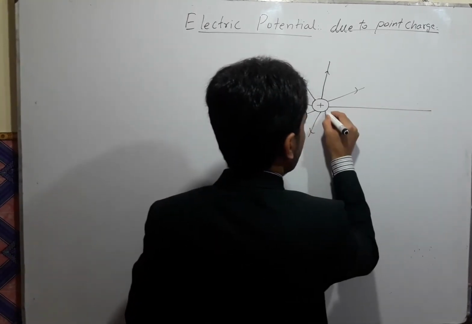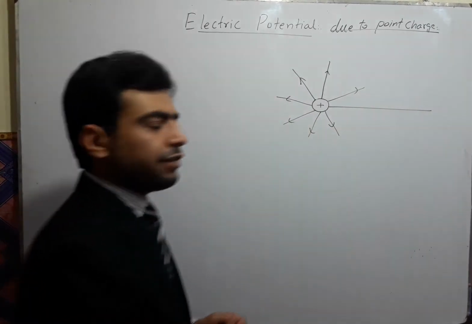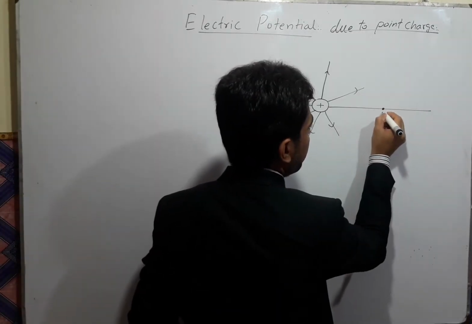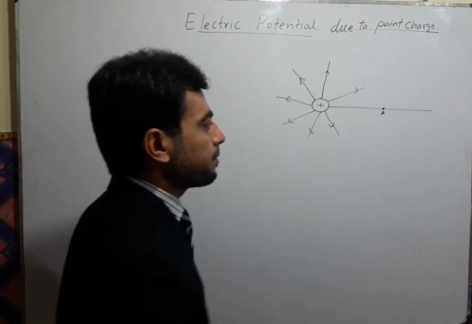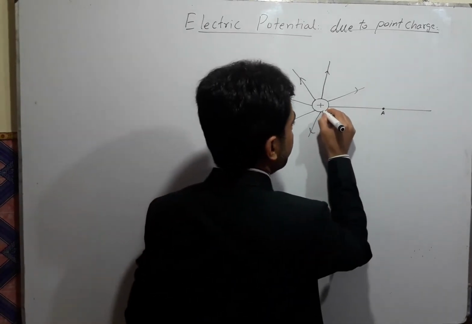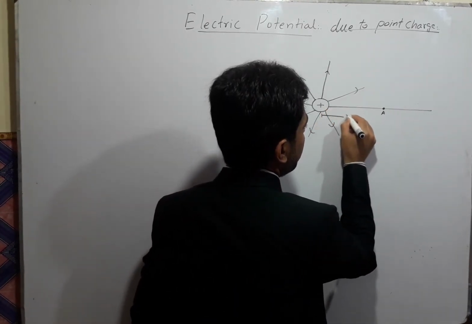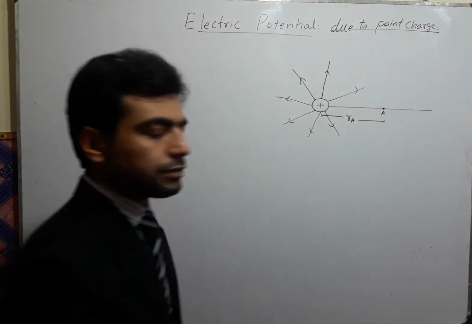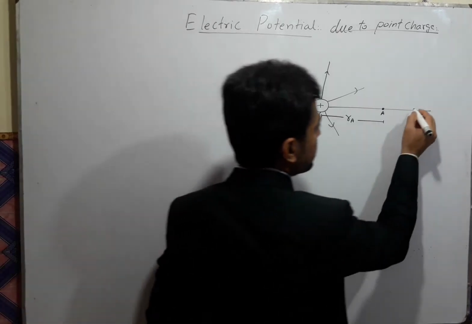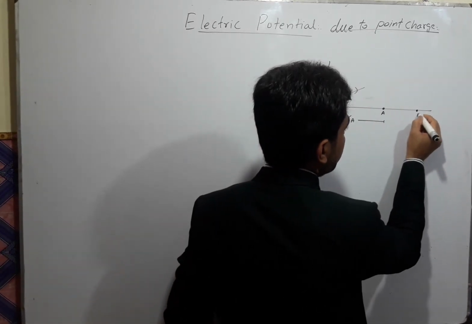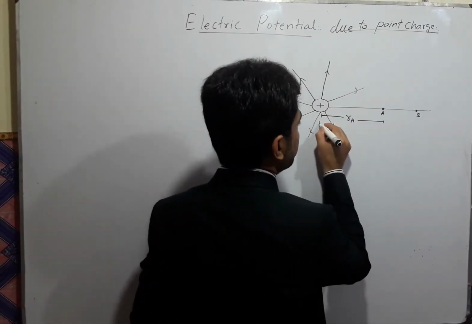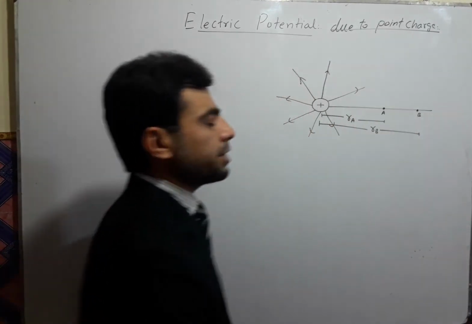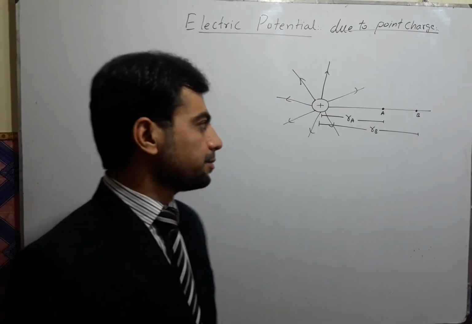If we follow the electric field line due to the positive charge, we take a point A, and the distance from the charge at point A is represented by RA, and we take another point B. The distance from the charge to point B is represented by RB.